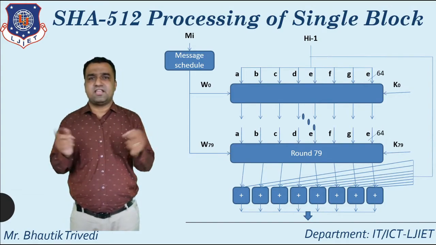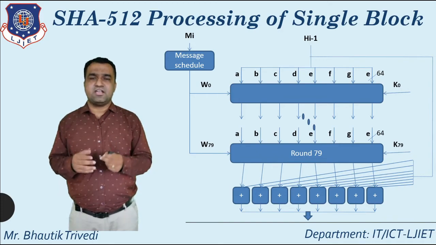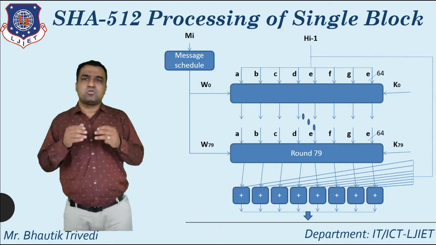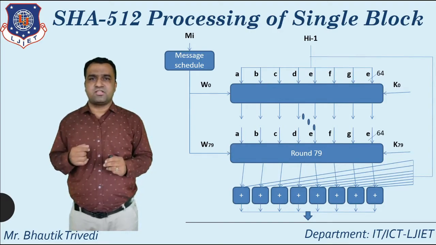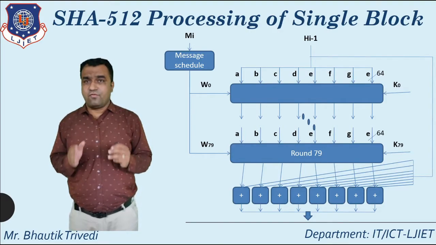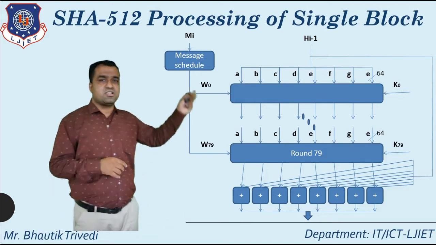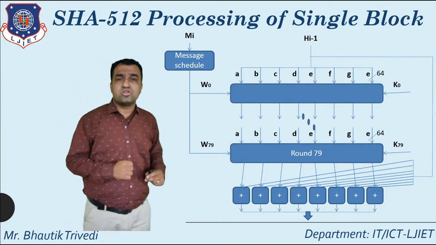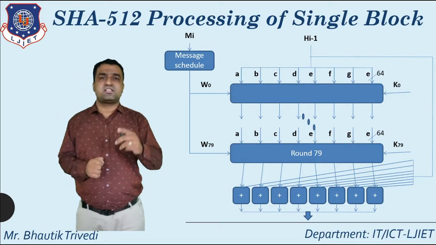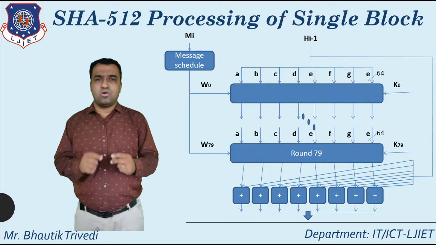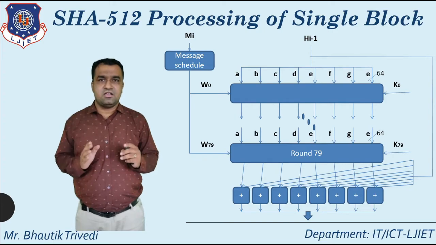Whatever the message is, it is distributed word-wise: word 0, word 1, word 2 up to word 79. And all of you know SHA 512 supports 80 rounds, from round 0 up to round 79.